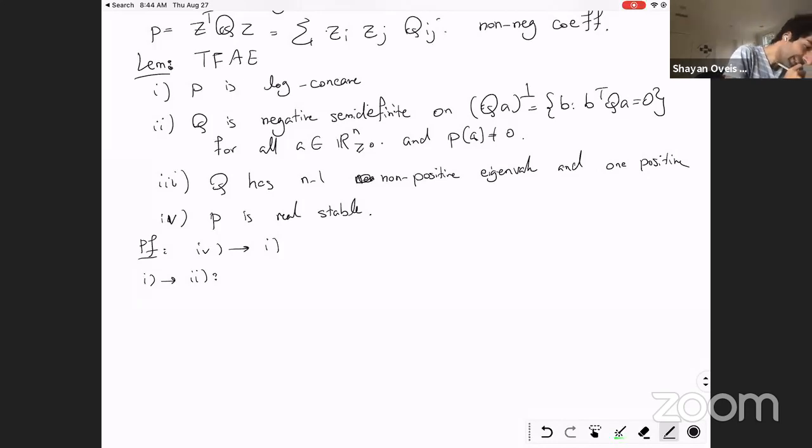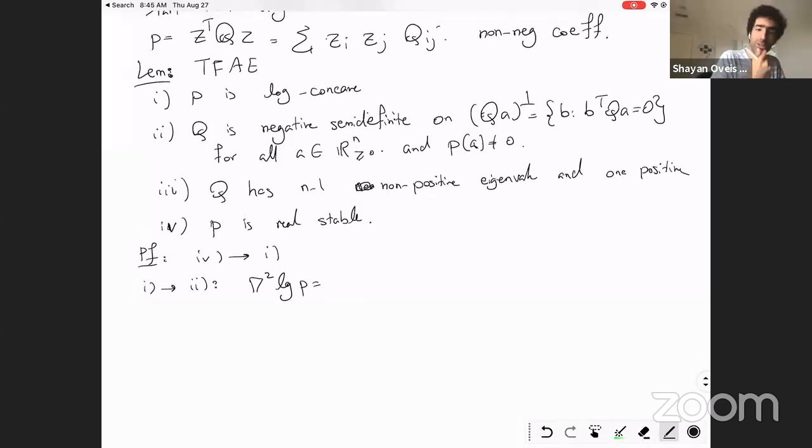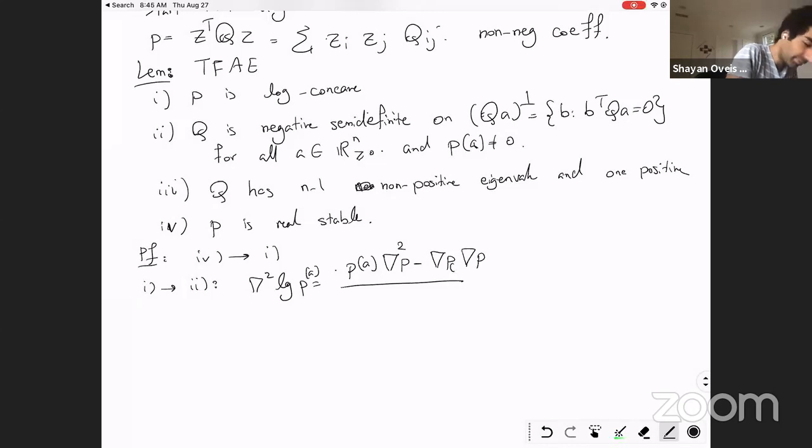The idea is that you want to look at the Hessian of the log of P. For any polynomial, the Hessian of the log at A is equal to P of A times the Hessian of P, minus the gradient of P times the gradient of P transpose, everything evaluated at A, all over P squared.